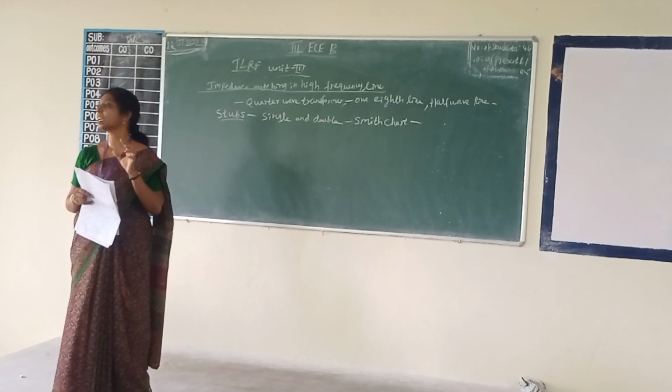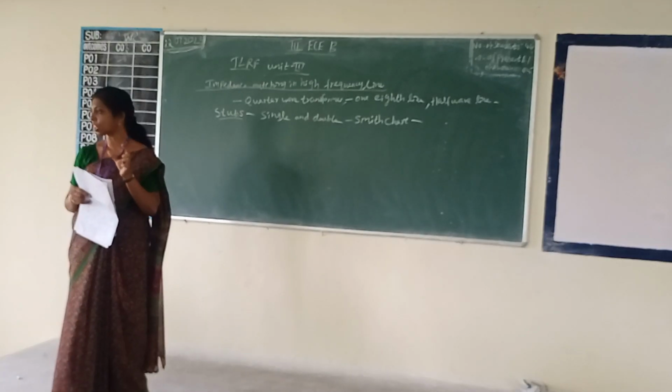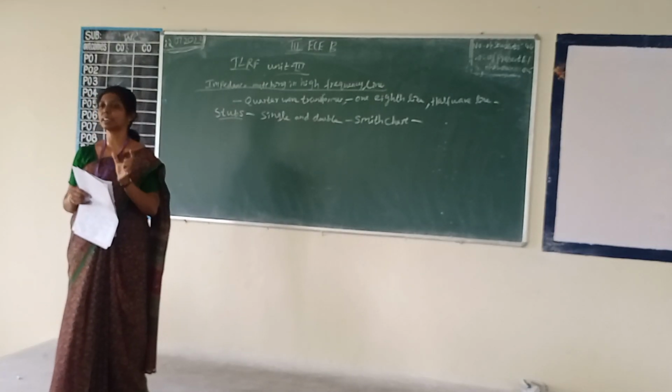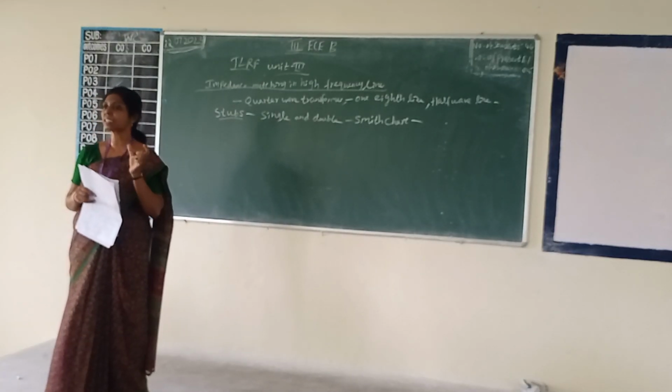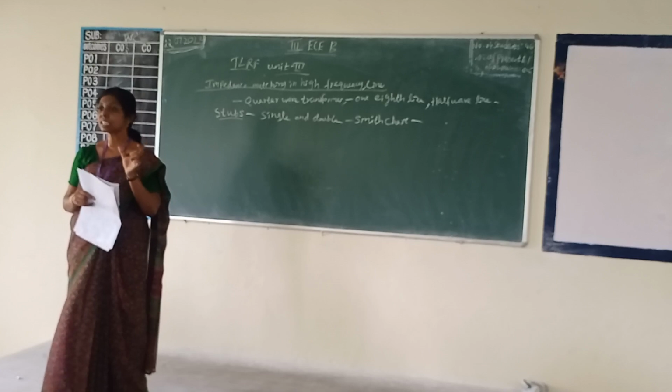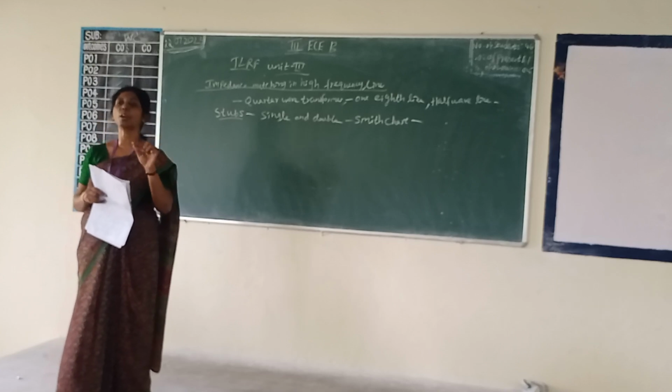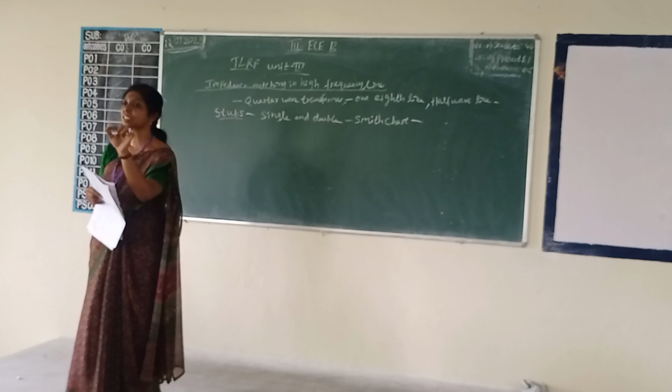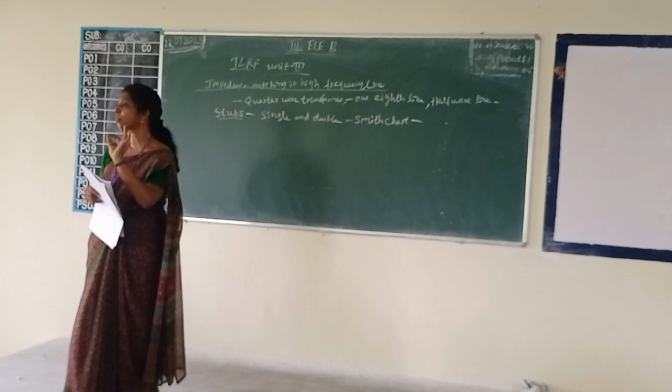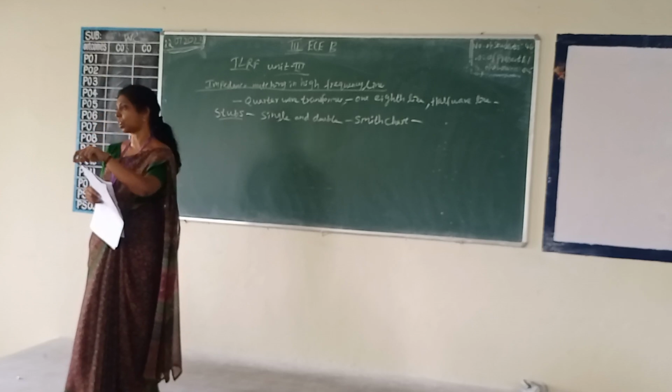So for Smith chart analysis, we are learning the chart itself. Chart means the graph, a new one, right? Until you practice in this class, you have to know how to plot a graph. All the values have to be calculated not using the formula but using the Smith chart.